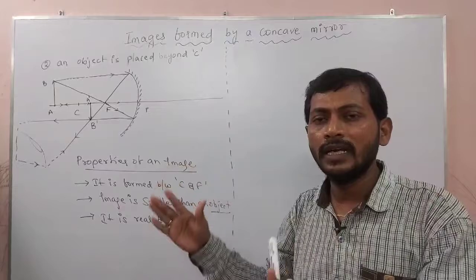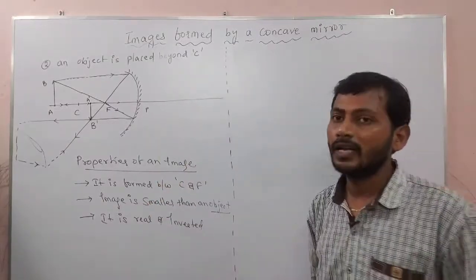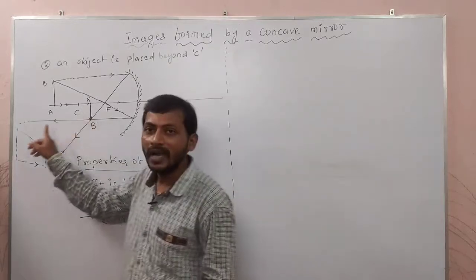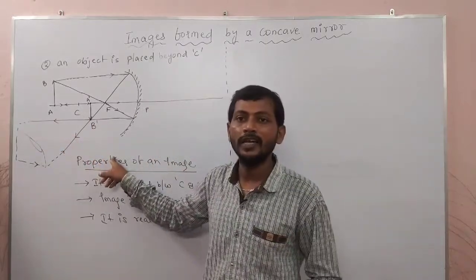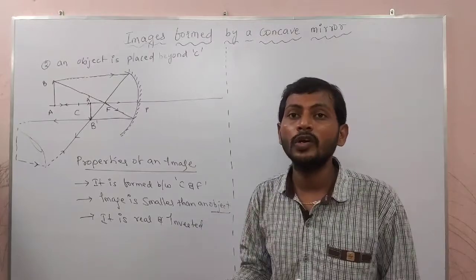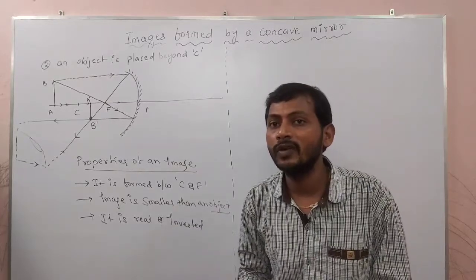After completing these diagrams, I will give one summary table, easy to remember for examination purposes. So if the object is behind the C, the image is between C and F. If I take the object between C and F, where is the image going to form and what are the properties? That's why I am going to take this.